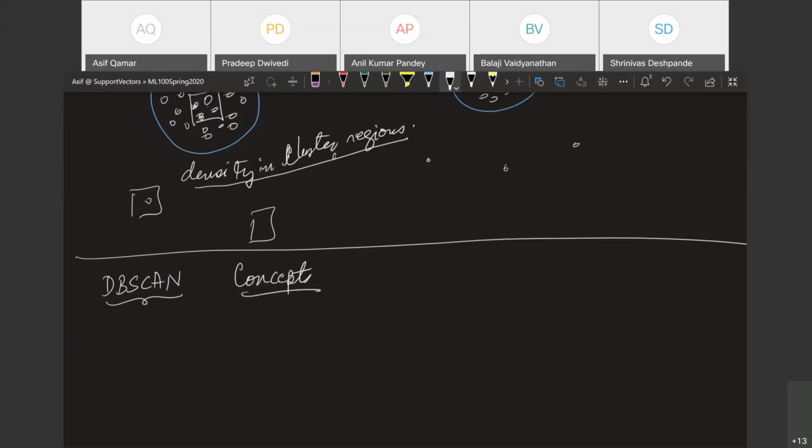Concepts. One concept is the epsilon distance. The second thing is a direct neighbor, and the other is indirect neighbor. Then interior points.